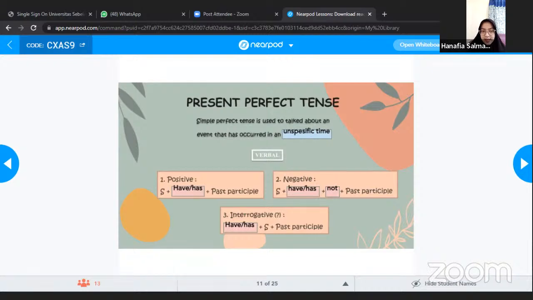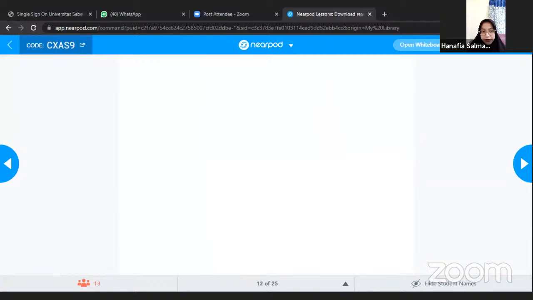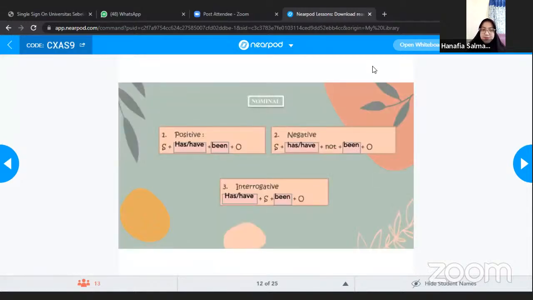And then the next, there are three formulas in nominal. The first is positive sentence. We can use subject plus have or has plus been plus object. And then second is negative sentence.